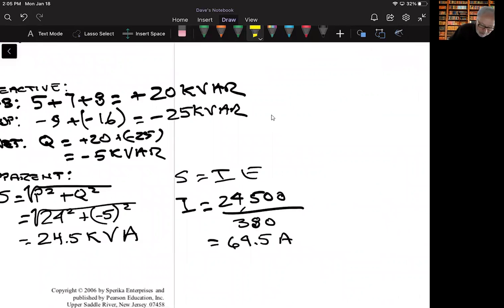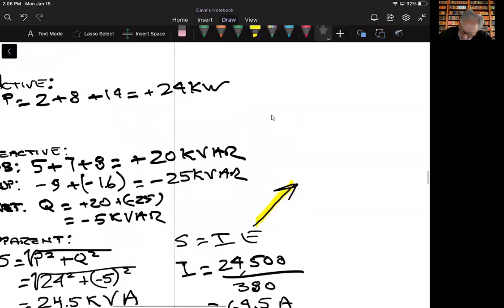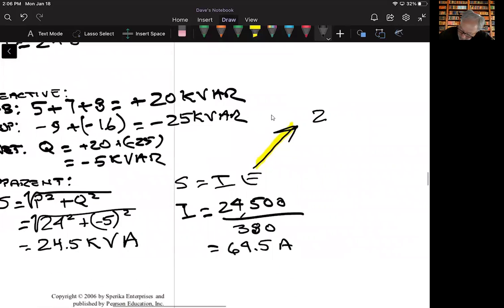Then if I wanted to know the power factor of the system, it is going to be the active power over the reactive power. So the active power we said was, I forgot, 24. And the apparent power, did I say reactive again?